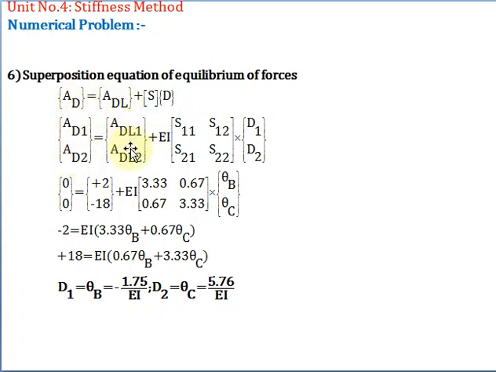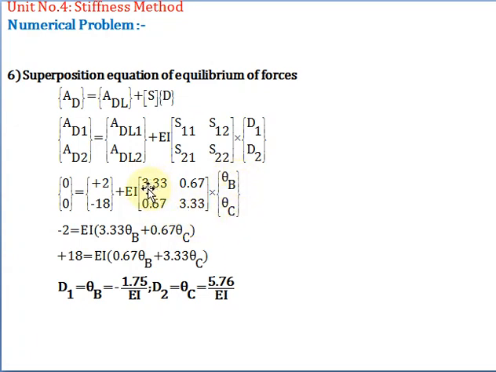Value of ADL is ADL1, ADL2, because two unknowns are there, theta B and theta C. So two values, and the stiffness matrix is 2 by 2, and D1 and D2 are the unknowns, that is theta B and theta C. Here the value of AD1 and AD2 is 0, 0. Value of ADL1 and ADL2 is 2 and minus 80, and this is the stiffness matrix 3.33, 0.67, 0.67 and 3.33. Theta B and theta C are the unknowns.